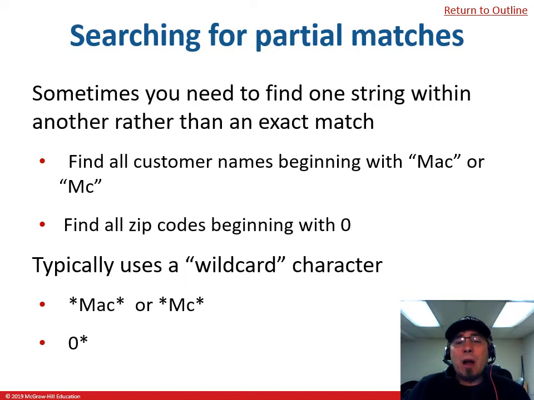Now, zip codes are technically numbers, but it's actually nominal data. If you remember from chapter 4, it's nominal data because you can't add or subtract them. They're just unique identifiers. A lot of the little East Coast states, like New Jersey, for example, have zip codes that begin with 0.